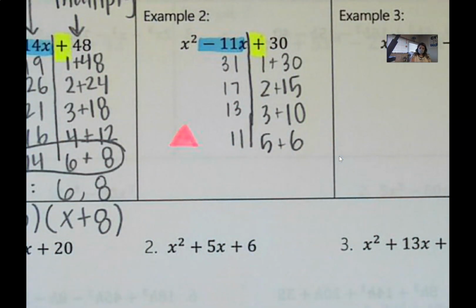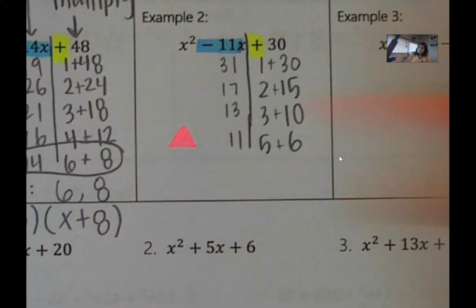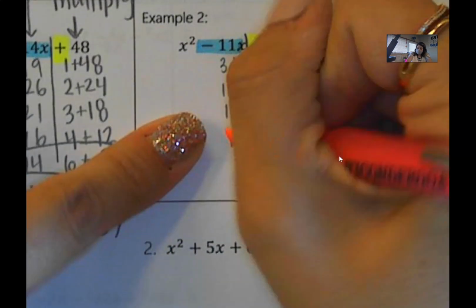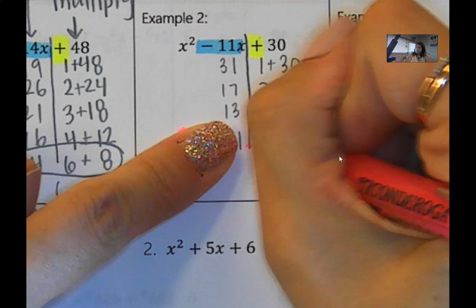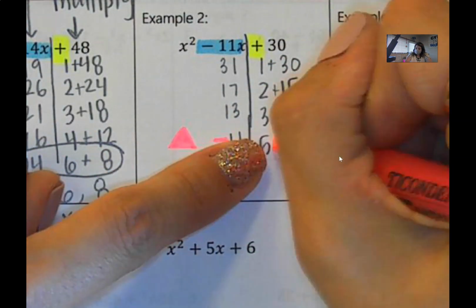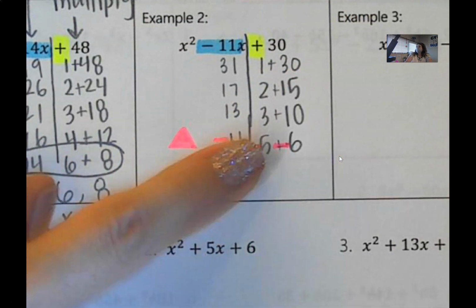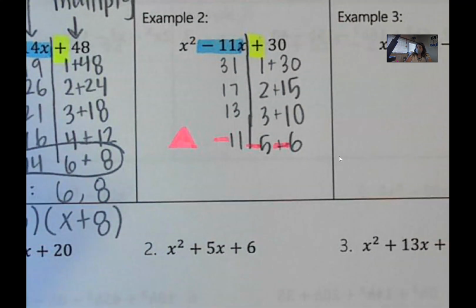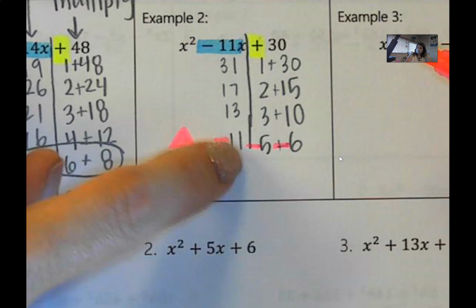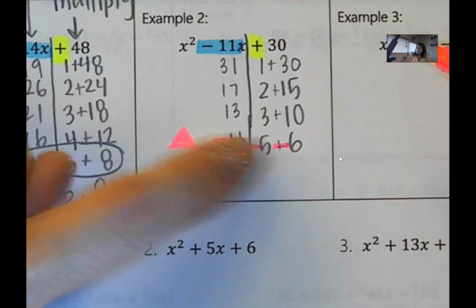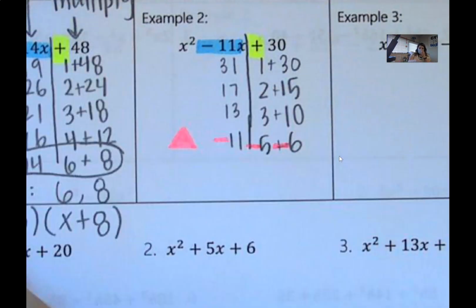So I go through and I change the positive 11 to a negative, the positive 5 to a negative, the plus 6 to a minus 6. And now it matches. So to make that a negative 11, these numbers needed to be negative 5 and negative 6.